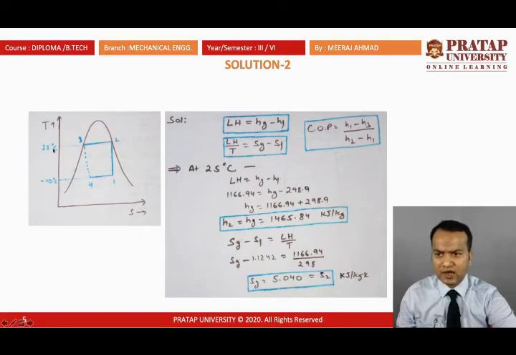This is the latent heat at temperature 25 degrees Celsius, and from here to here this is the latent heat at minus 10 degrees Celsius. So in the table the latent heat is given, and saturated liquid enthalpy and saturated liquid entropy should be given in the table for both temperatures.